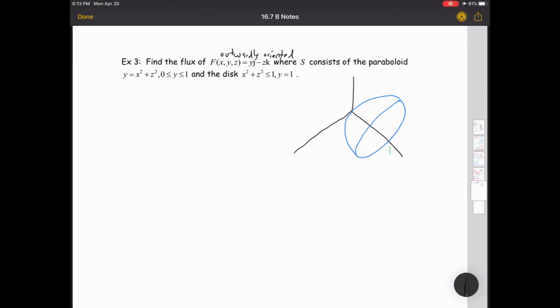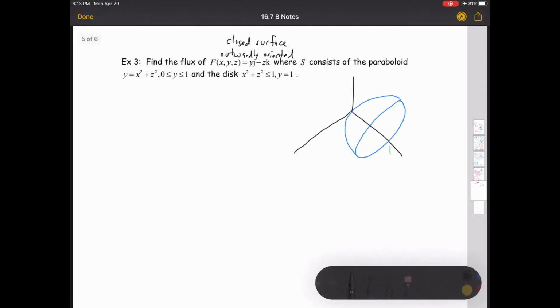We have the paraboloid, which is also enclosed by the disk. So this is also a closed surface. This is actually going to become an important topic in the last couple of sections, having a closed surface. It'll actually make all this a lot easier, but in this case, we're still going to do it the way we are in this section.